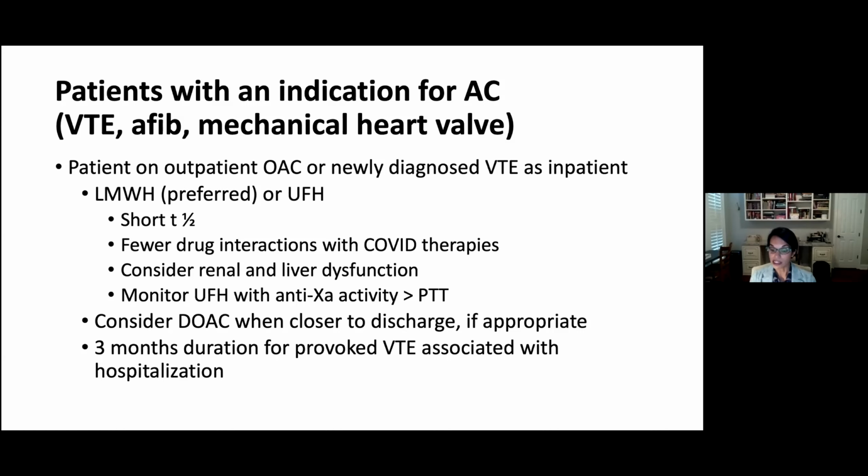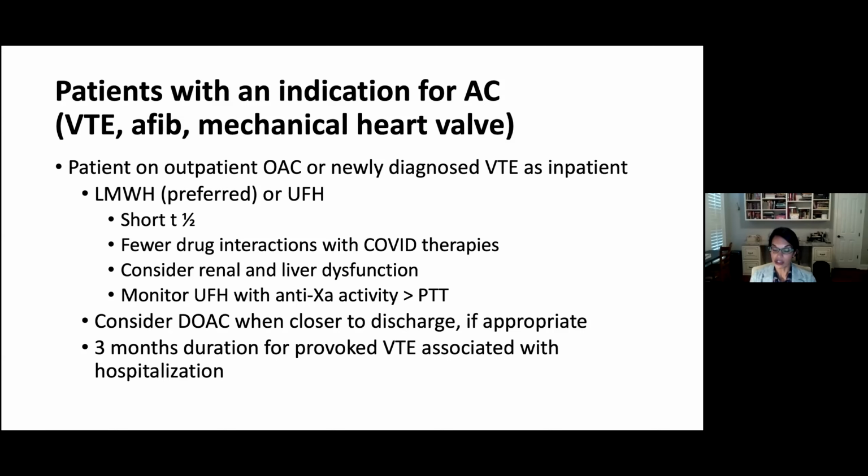We really need to pay special attention to organ failure that may predispose to bleeding, for example, liver and renal dysfunction. And the benefit of anticoagulation with other anticoagulants, such as the direct oral anticoagulants, must be weighed. The direct oral anticoagulants are obviously convenient, there's a decreased need for laboratory monitoring, and there's less exposure of the healthcare worker to COVID-positive patients.